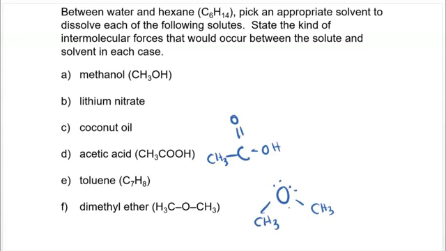So it's going to have a net mostly nonpolar identity, meaning it's going to mainly dissolve in hexane, but only weakly dissolve in water due to that polar characteristic.